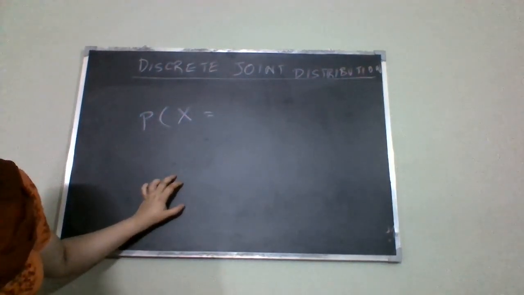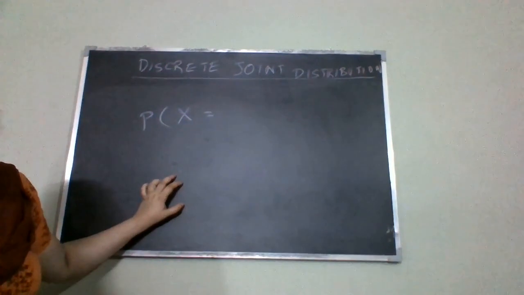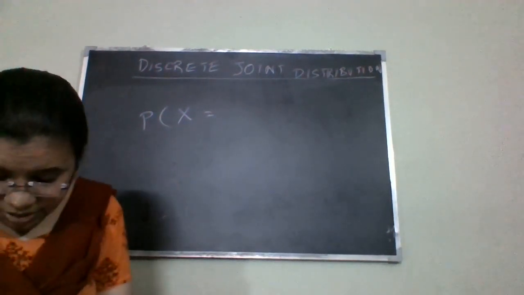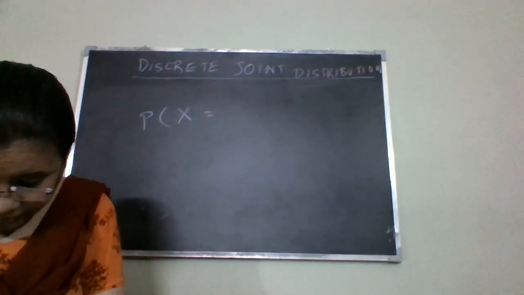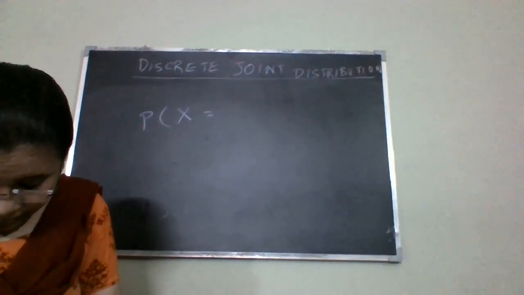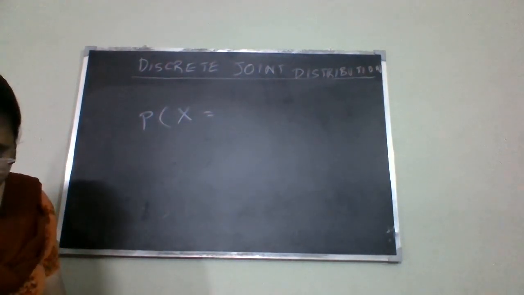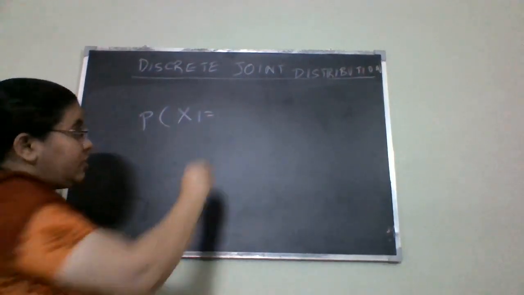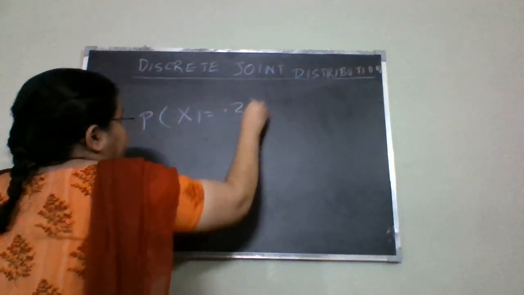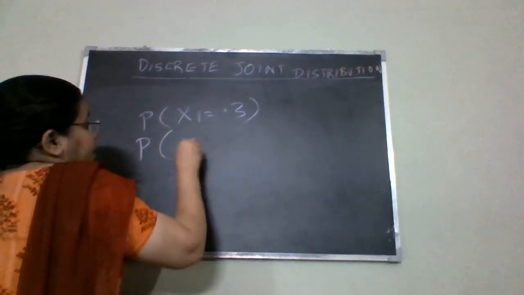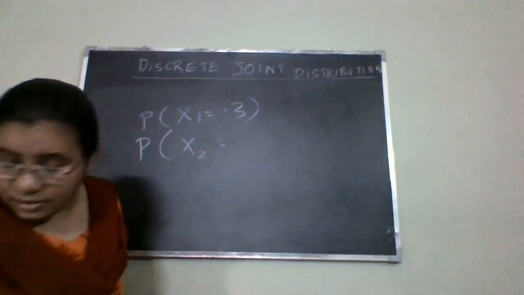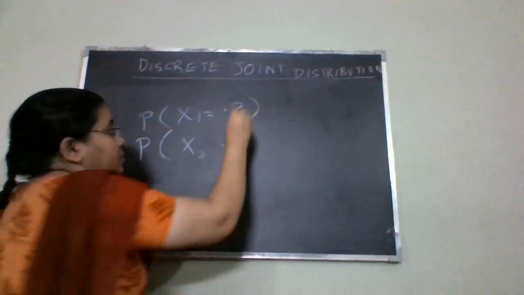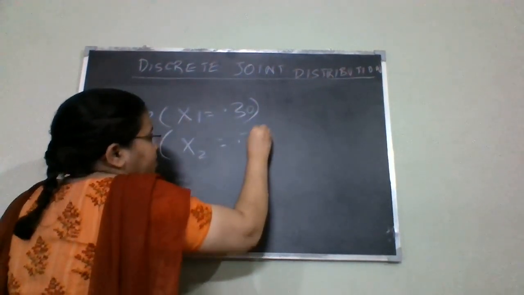And for P of X equal to x2, we have 0.7. So I write it down like this. P(X1) is equal to 0.3 and P(X2) is 0.7. Whatever is given in the book, it is written like this.